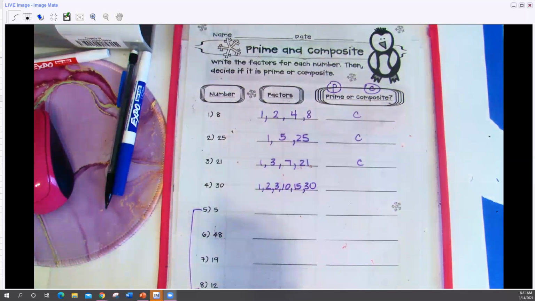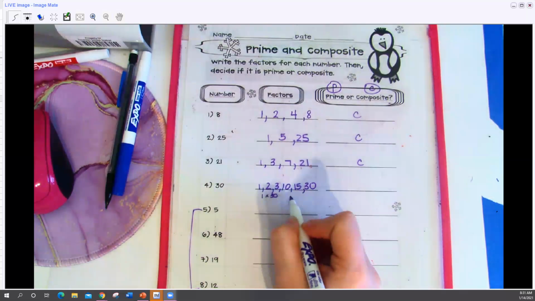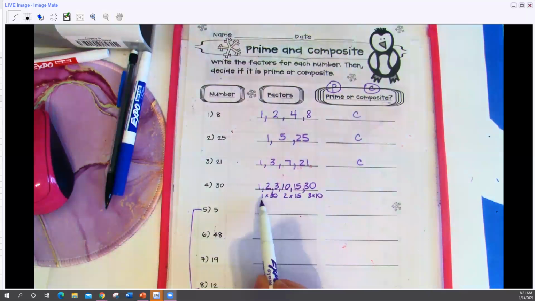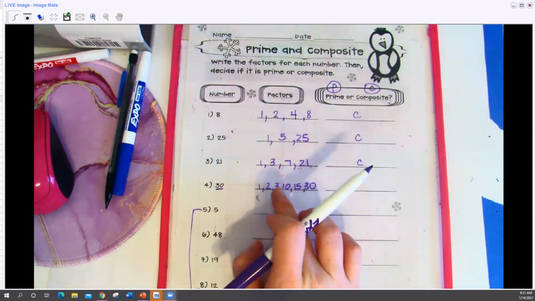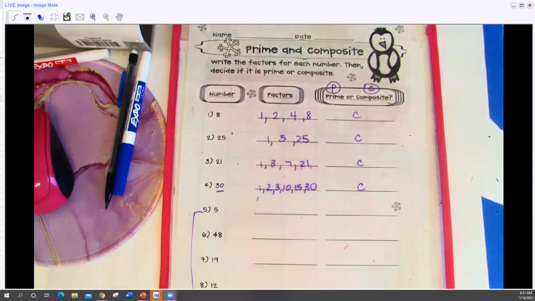So the way that this looks is 1 times 30, 2 times 15, 3 times 10. All of my factors are the numbers that I can multiply together to get an answer of 30. I can see I have a lot of factors for this number. 1, 2, 3, 4, 5, 6 numbers. This is definitely composite.